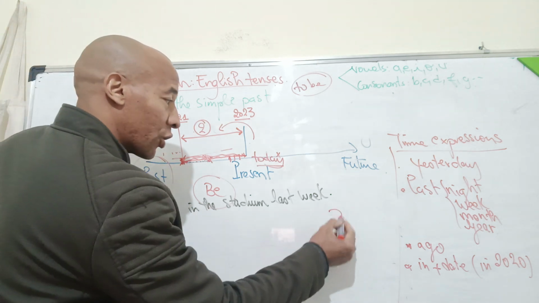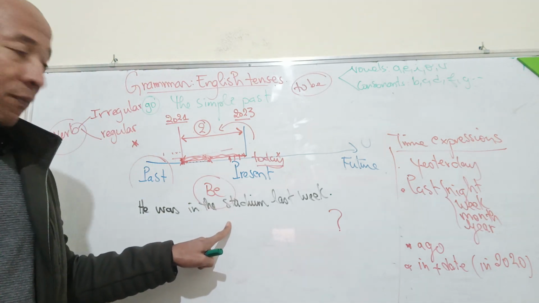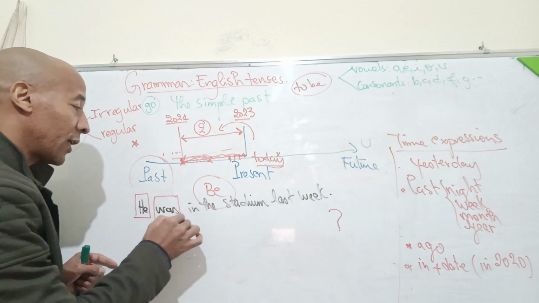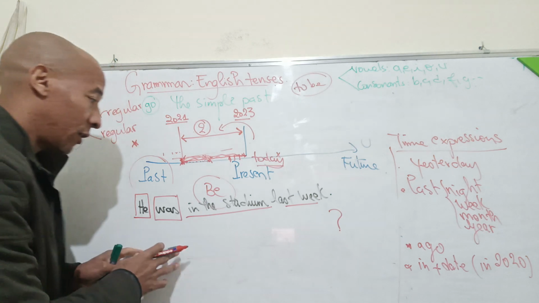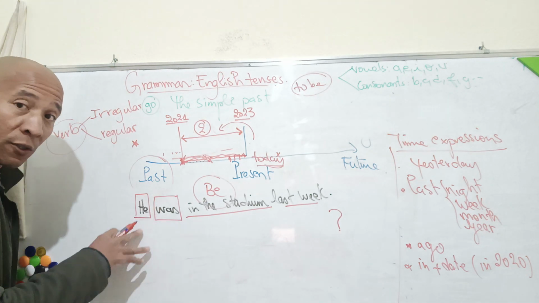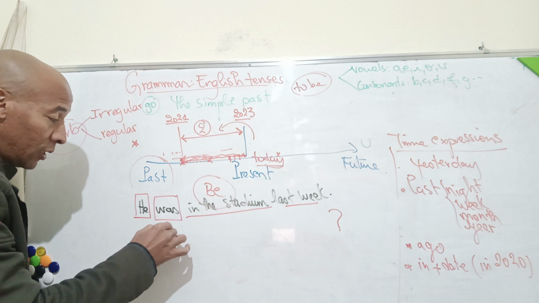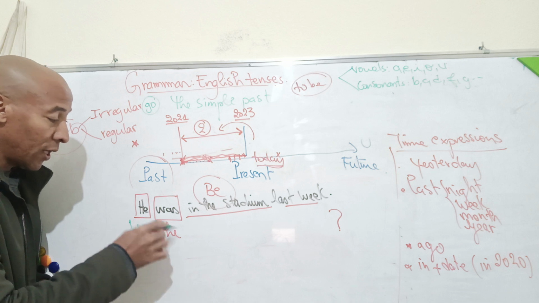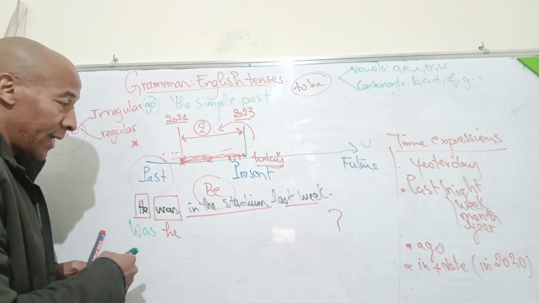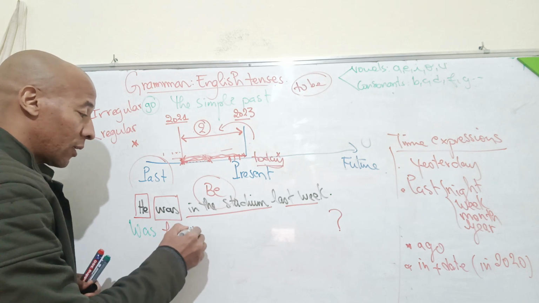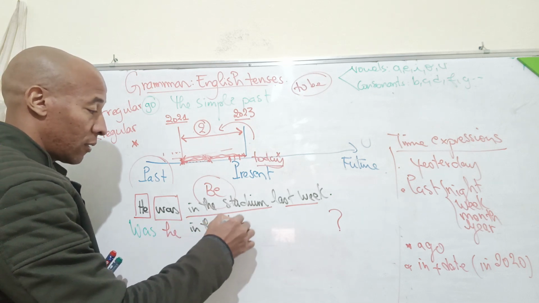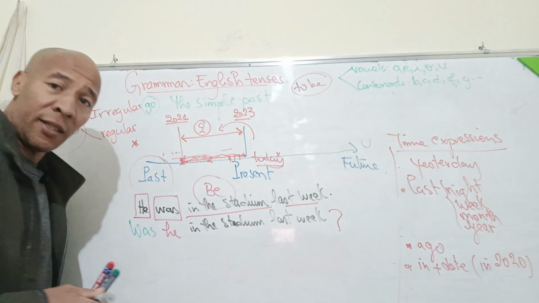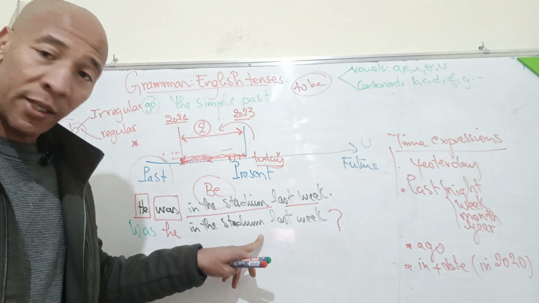So he was: we have subject, and then verb was, in the stadium last week. Here, we invert the subject, he, and the verb should be put at the beginning. So we say, was he in the stadium last week? Was he in the stadium last week?